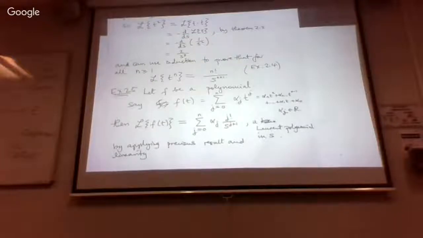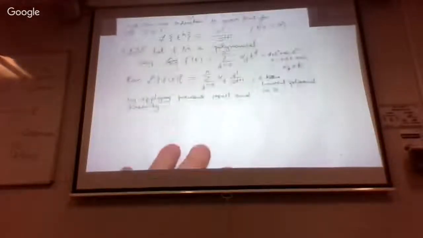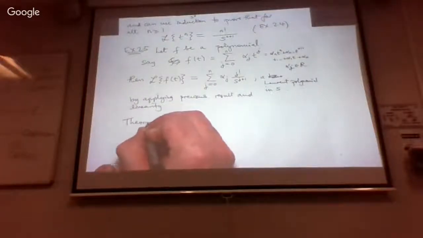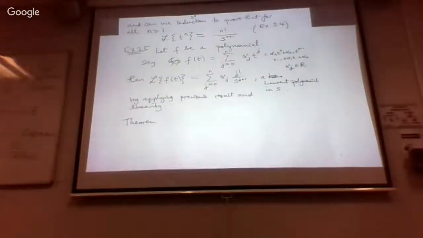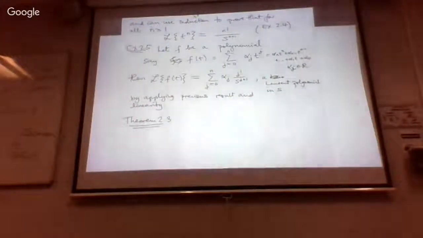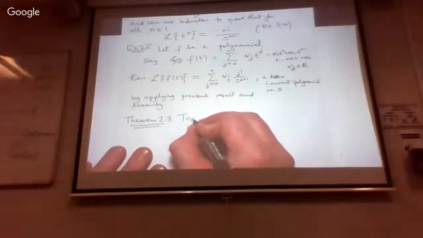Now the next property is absolutely key to the whole thing. So this is theorem 2.3. This is the transform of a derivative.